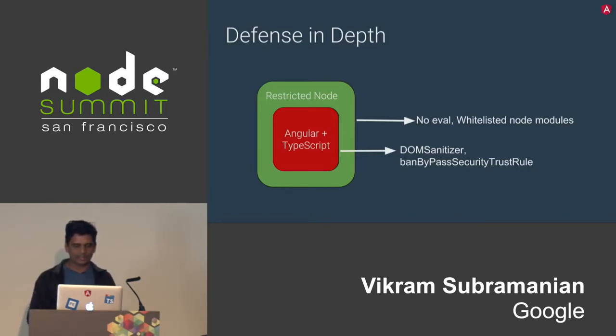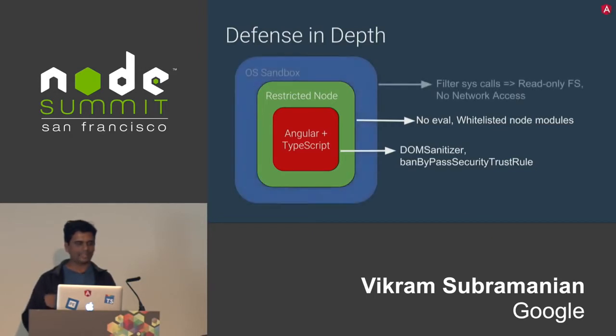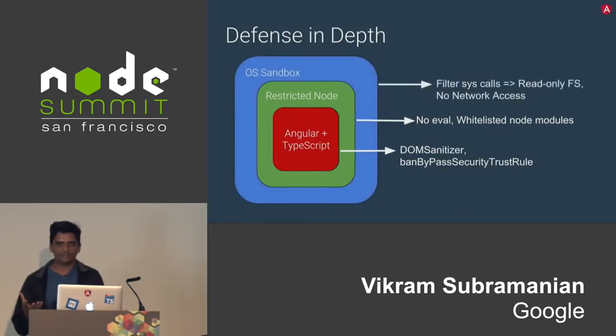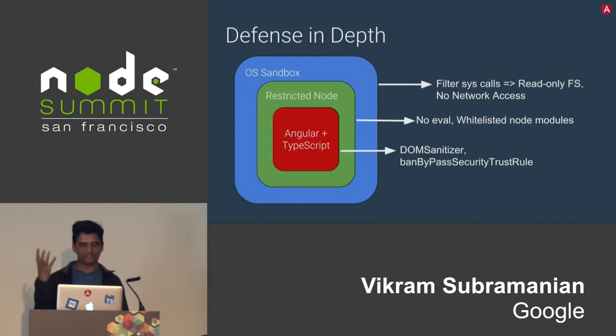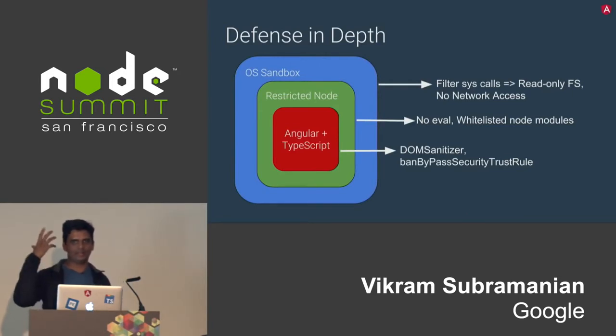So the last layer is actually a catch-all. We then took this restricted node and ran it inside an OS level sandbox so that we can actually control what system calls our node binary could make.